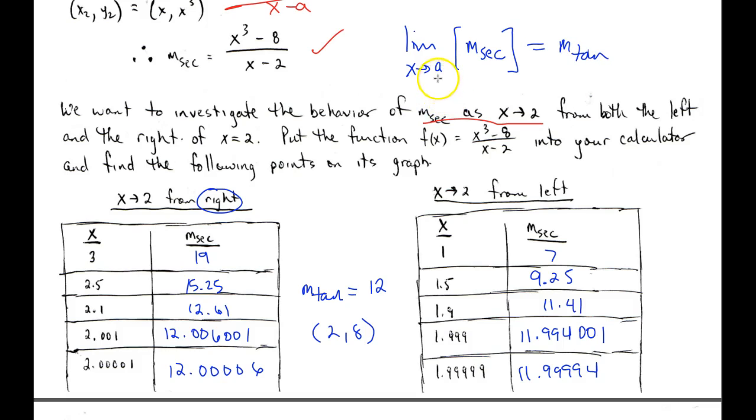And of course, our a in this case is 2. So as x gets closer and closer to 2, coming from both the left-hand side of 2 and the right-hand side of 2, we see that the slope of the secant lines tended to get closer to the slope of the tangent line, which is 12. So that's what we mean by that.